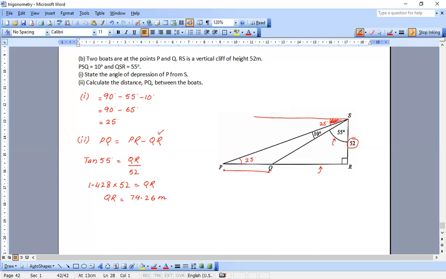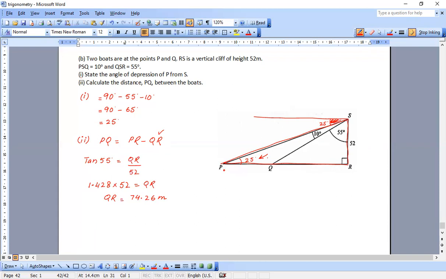I have QR. Now I have to find out the length of PR. Let's clear the picture a little bit. We are going to consider this whole triangle. As I have already mentioned, this angle over here is 25.